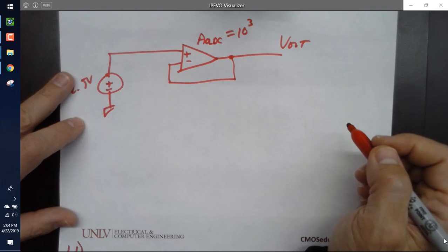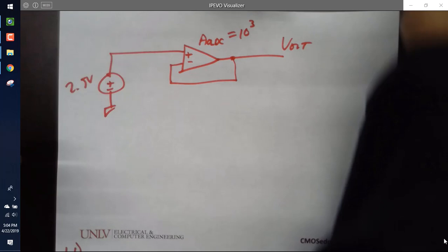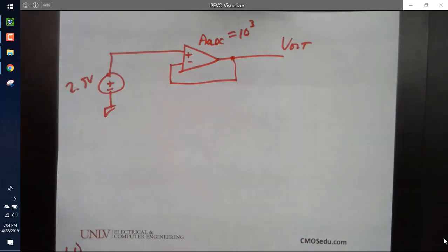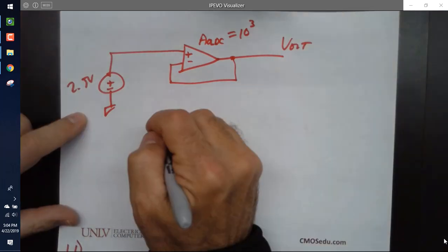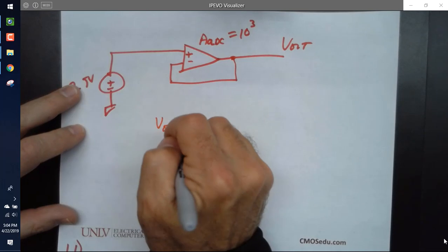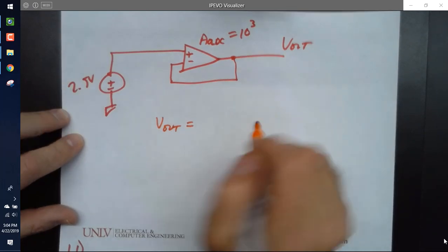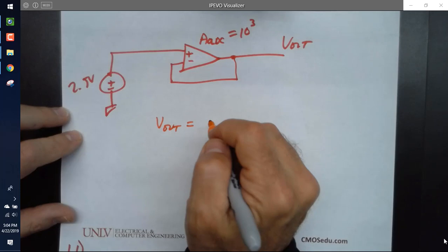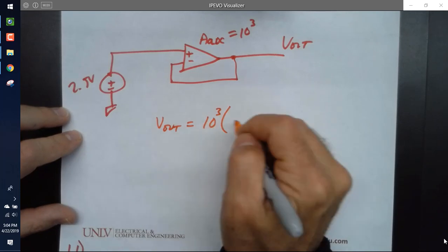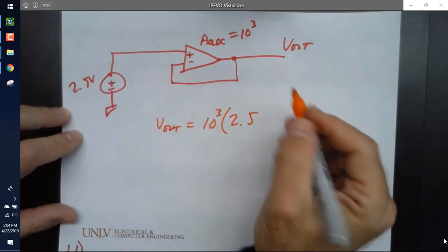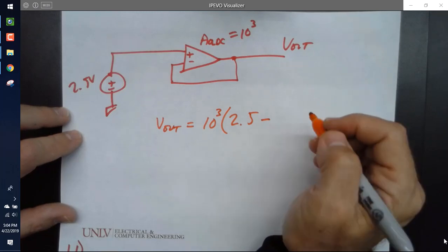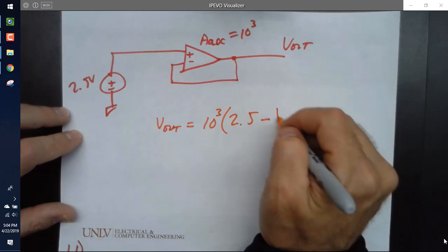Tell me what to do. Let's get the difference, 2.5 minus V out, times A. Okay, so I get V out equals A times (2.5 minus V minus, which is V out).